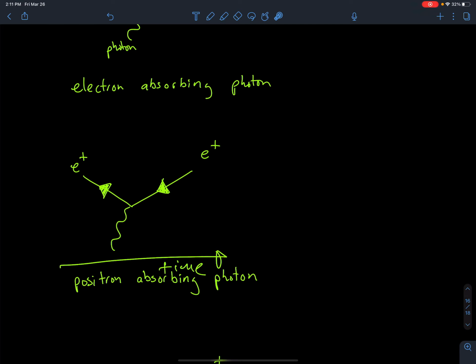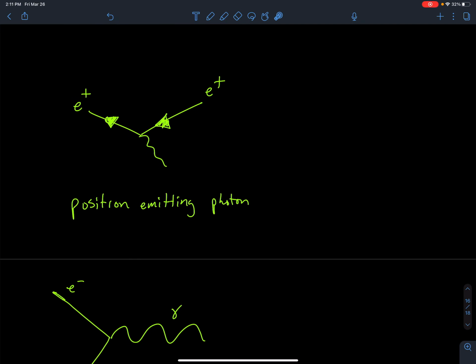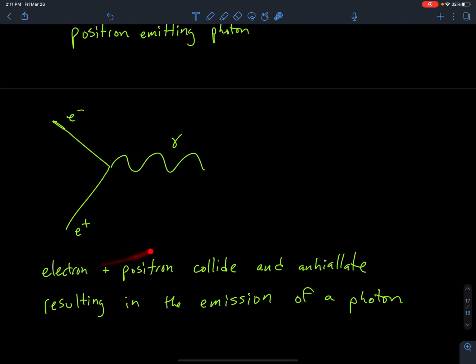So the arrows don't represent the path it takes, they just represent the type of matter it is as it progresses through time. And here is another antiparticle, a positron, that is emitting. So if time is going towards the right, it's emitting a photon.